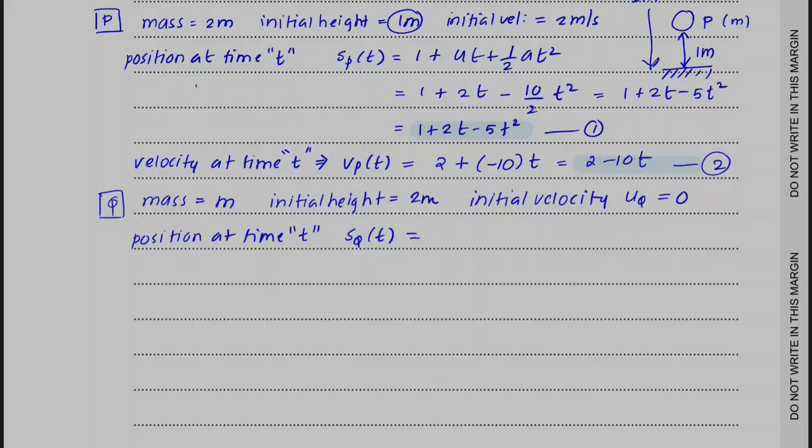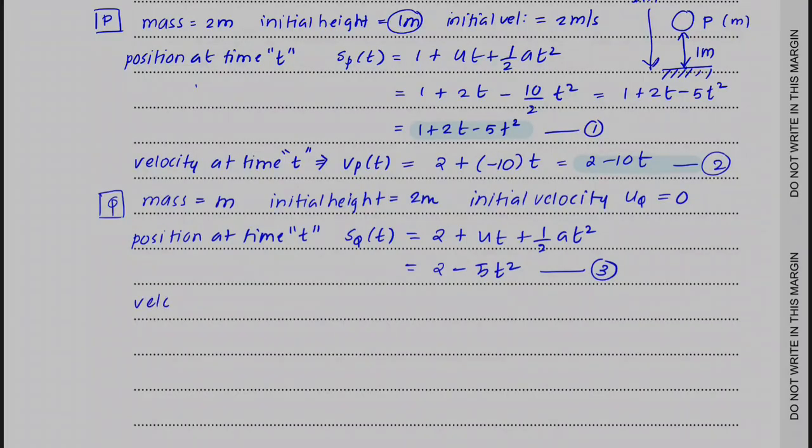Similar to the previous case, instead of writing 1, let's write 2 plus ut plus half at square. Substituting u equal to 0, the expression will become 2 minus 5t square after simplification. Let's consider this as equation number 3: 2 minus 5t square.